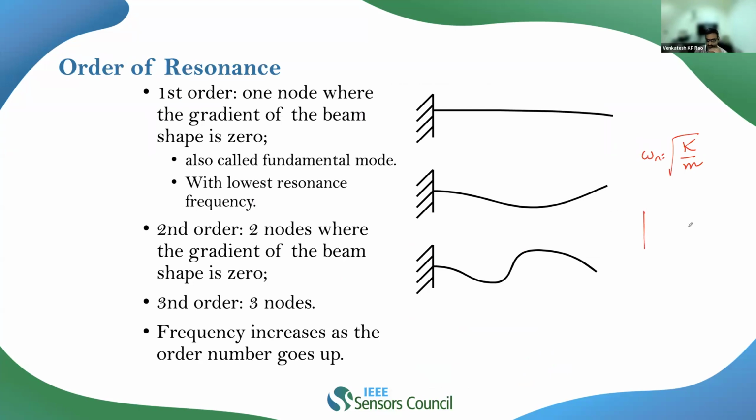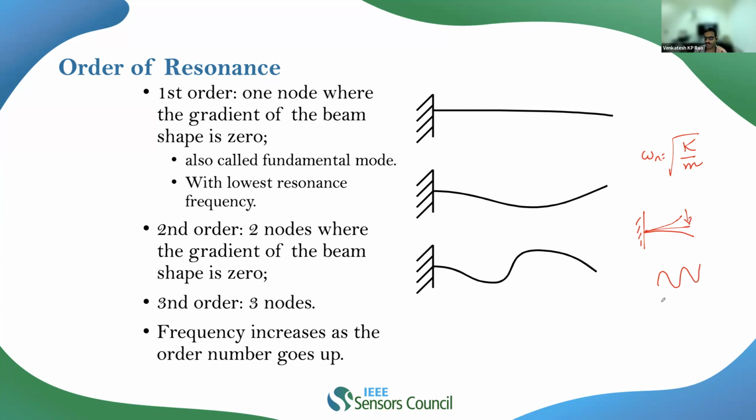For example, if you take up a simple cantilever and apply a static load, then what happens? It will just undergo deformation and stay there, right? Now, on the other hand, I will apply a sinusoidal load. Then it will basically vibrate about its equilibrium position.